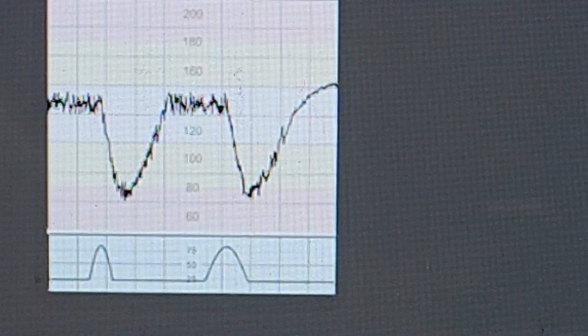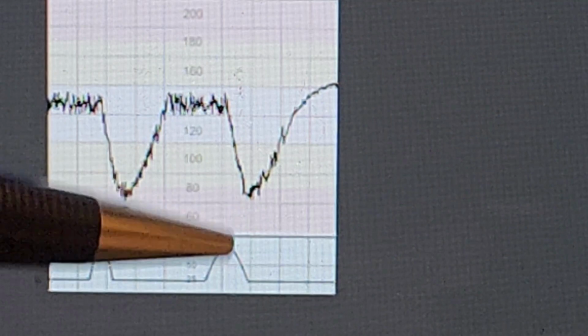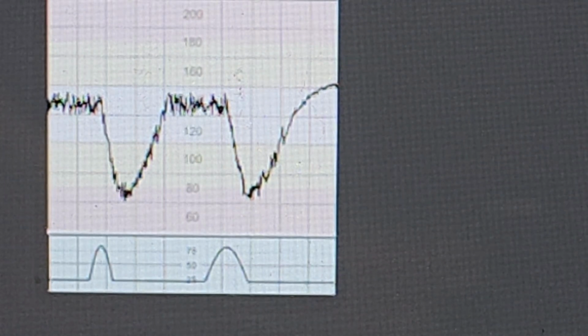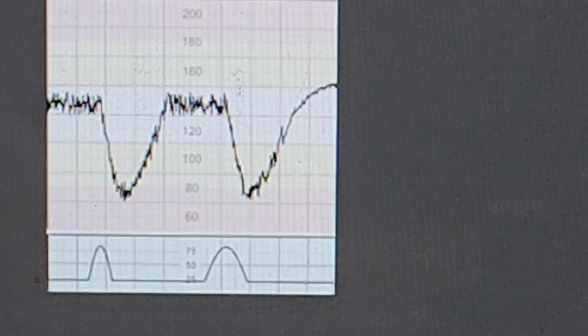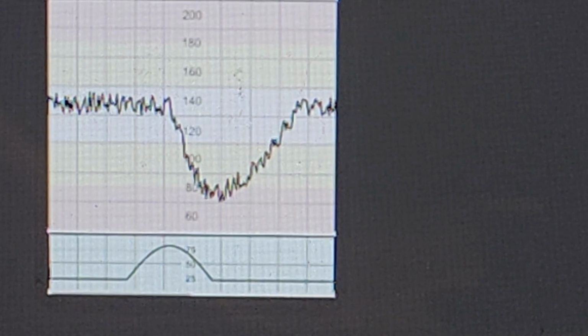So this is late deceleration, and as you can see, the timing is different here, and it's not a mirror image. This is considered serious, and usually it reflects uteroplacental insufficiency, like IUGR, for example, or hypertensive disease of pregnancy. This is another good example of late decelerations.